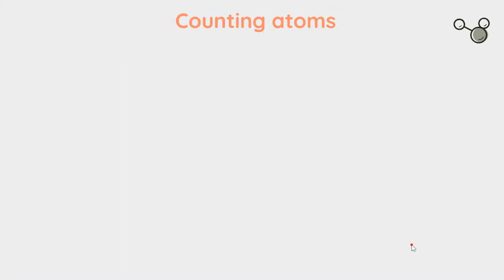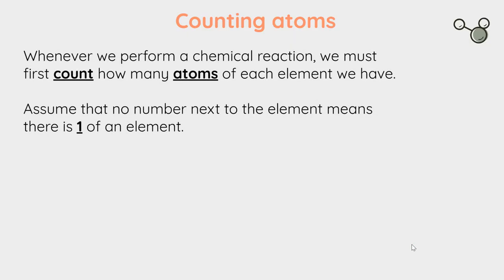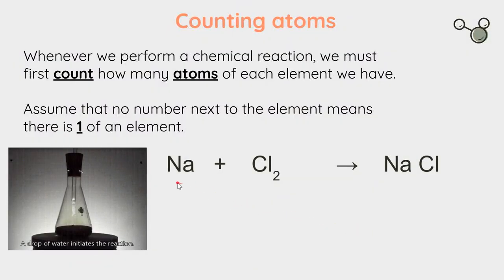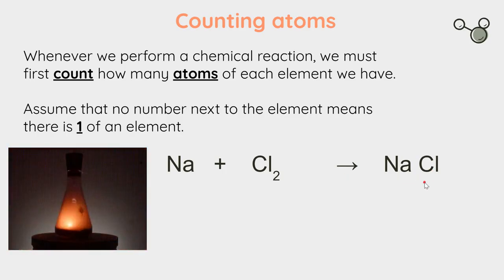But to make this conservation of matter work, we need to make sure we first count the amount of atoms on both sides of a reaction. Whenever we perform that reaction, we're going to first count those atoms, and we're going to assume that no number next to an element means there is one of that element. For instance, the reaction I showed before, Na plus Cl2 creates NaCl.